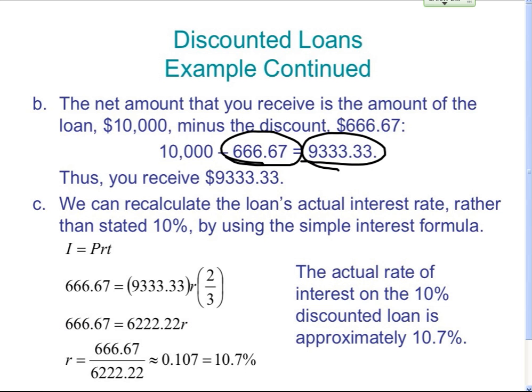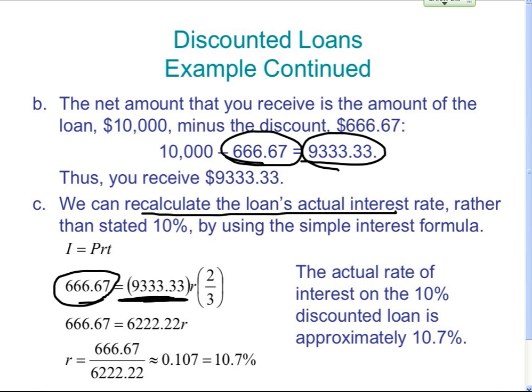Now, as far as your actual interest rate, the interest is $666.67. We already calculated that. The amount of money we're getting, the principal in this case, is $9,333.33, sorry.